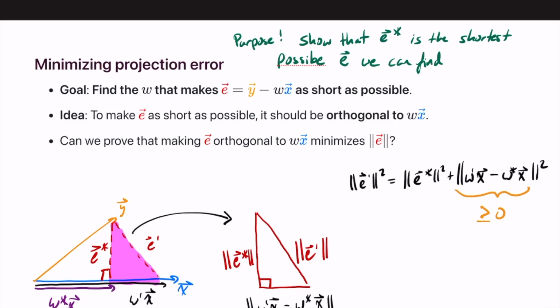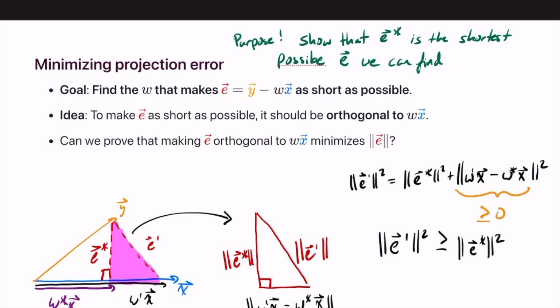And without having to go too much through it, as long as this is greater than or equal to 0, we can put this as vector E prime squared is always greater than or equal to E star squared. So this is a quick way to show that.